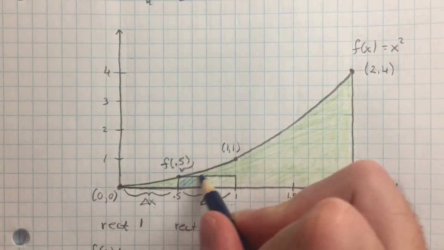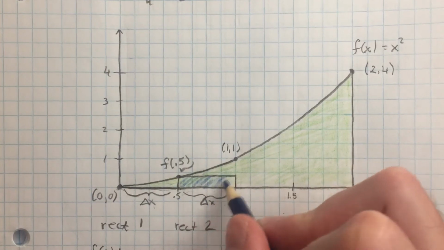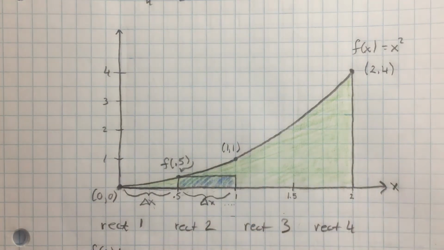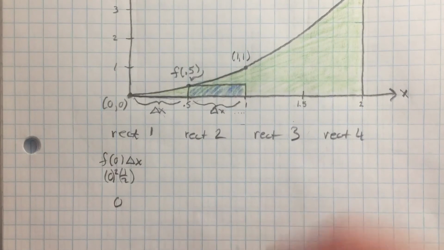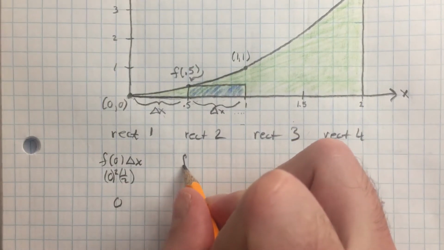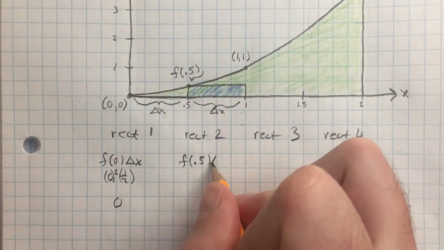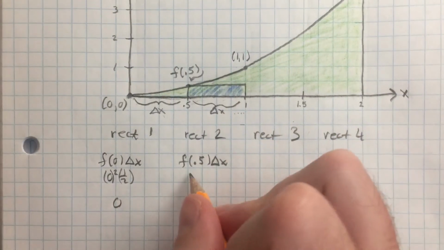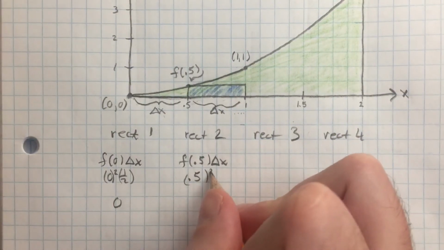I'll try to cover it over with blue again. So what's that one going to be? Well, rectangle 2 is f of 0.5 times delta x, and that will be 0.5 squared times 1/2.